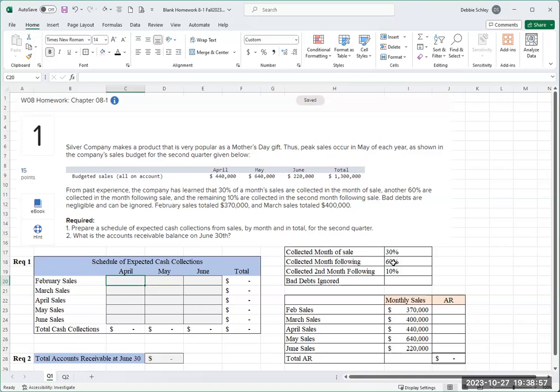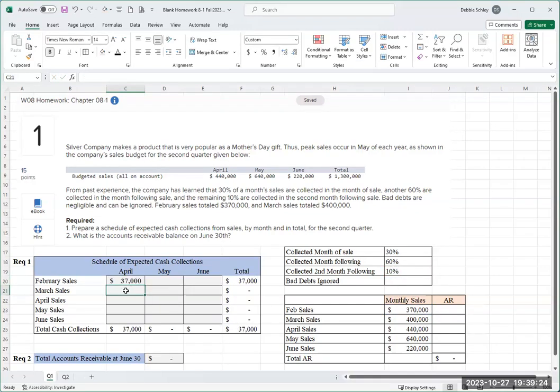March, they collected 60%. So all that we have left to collect is this 10% in April, which is where we're going to start. So I'm going to reference February sales and multiply that by the percent that is collected the second month following, right? Because February, March, April, that's the second month following.